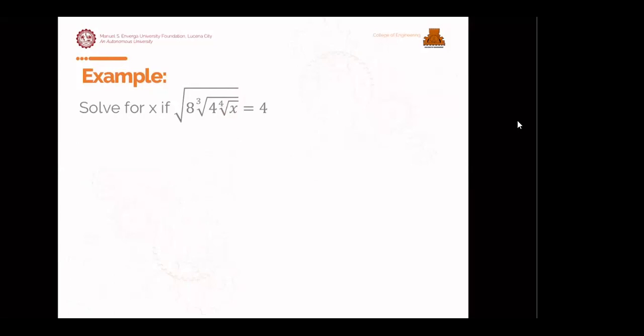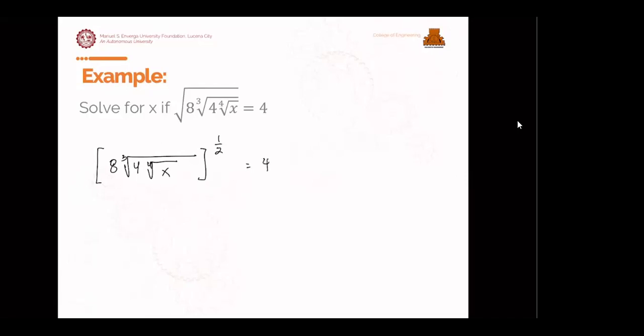So, i-write ko lang to. We have 8 cube root of 4 fourth root of x. And then yung square root niya, gawin ko lang 1/2, no? So same lang yan, exponent ng 1/2 and square root is the same.